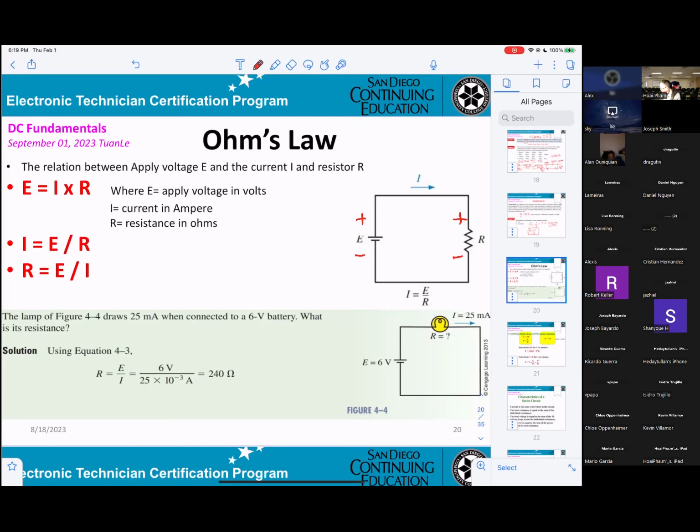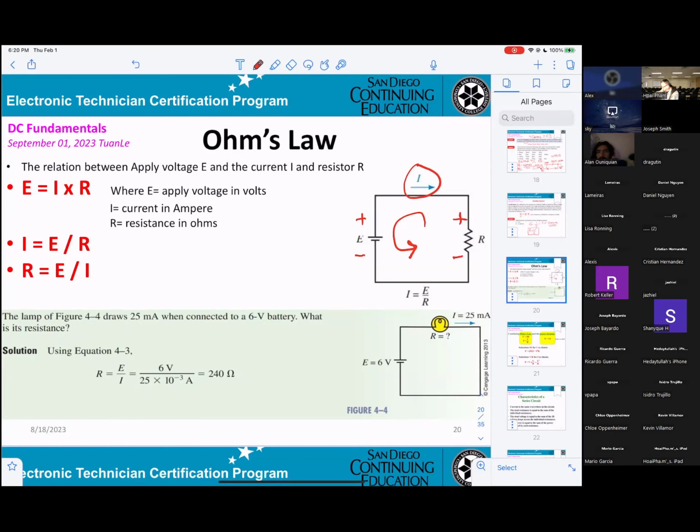Now I'll explain how you get the current. The reason is that electrons in the material are flowing. Electrons move the opposite way, from negative to positive, so they move opposite to this current.